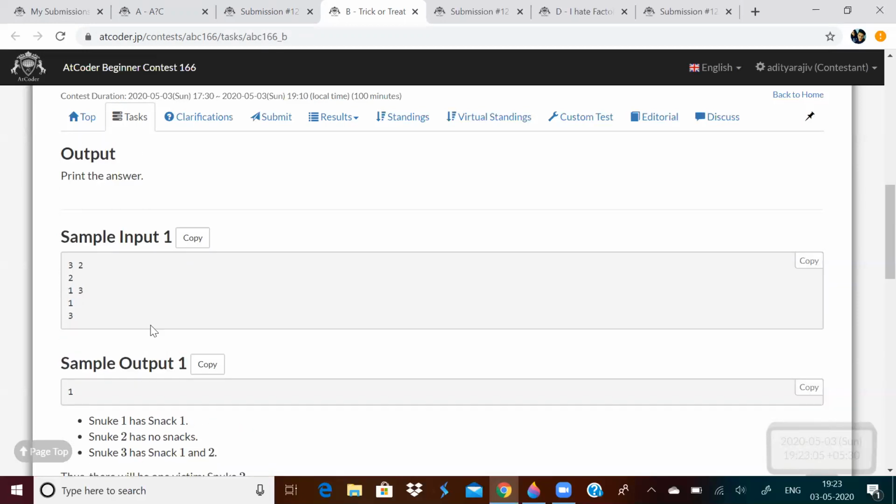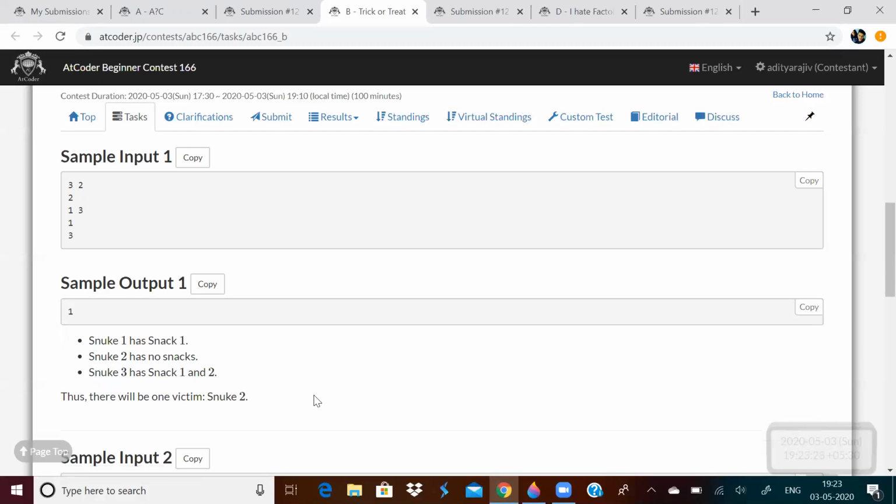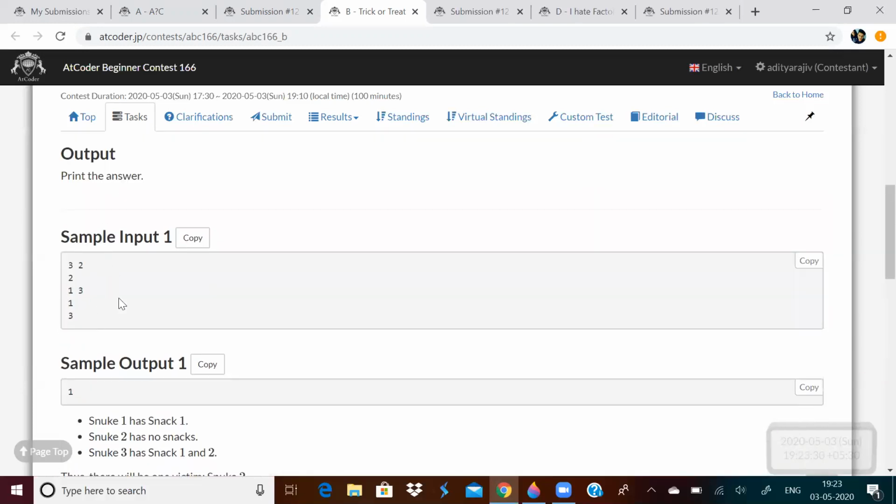Similarly, Snuke 3 has snack 2. So you can see the snack distribution. Snuke 1 has only snack 1. Snuke 2, there is no Snuke 2 over here. Do you see 2 anywhere? Nowhere. And Snuke 3 has snacks 1 and 2 because 3 appears here and here. So after looking at this, you will get an idea.